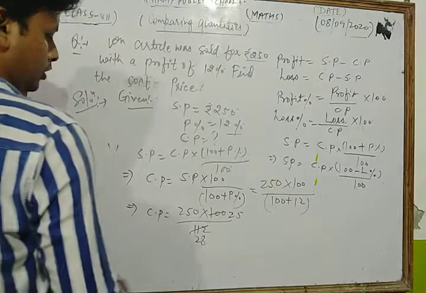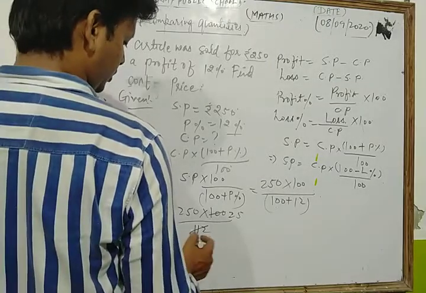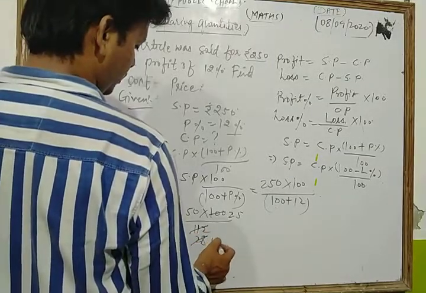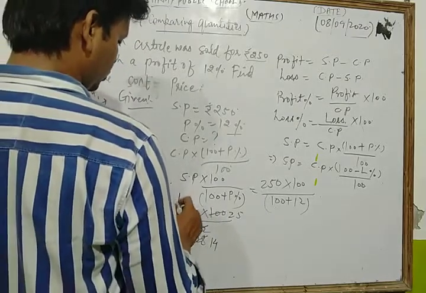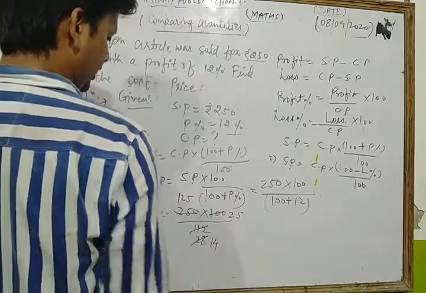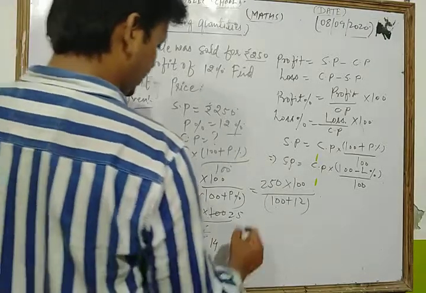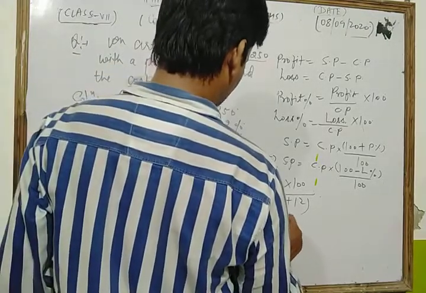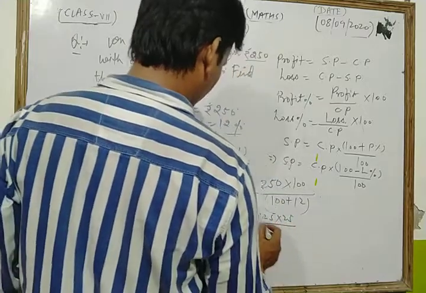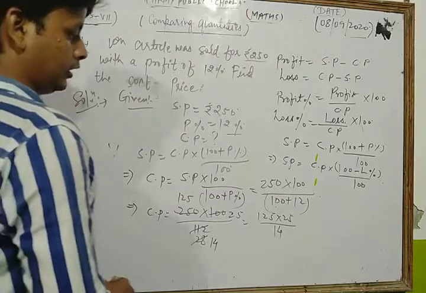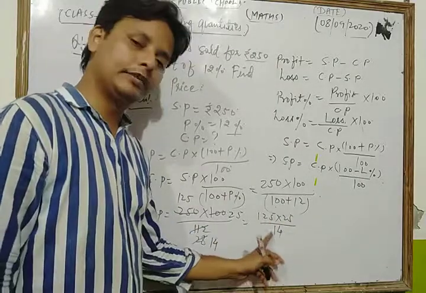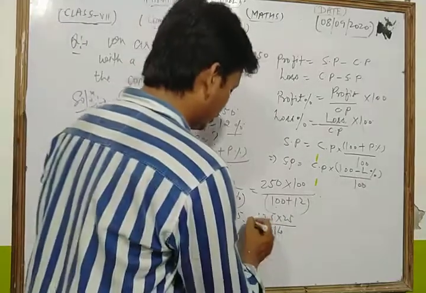Now 14 from 2, this is 2 1 the 2, 2 2 the 4, 2 5 the 10. Now we write it as 125 into 25 upon 14. After we multiply and divide, we get the cost price of that object.